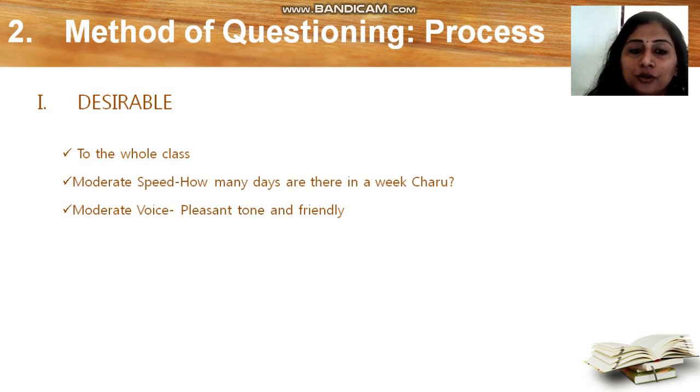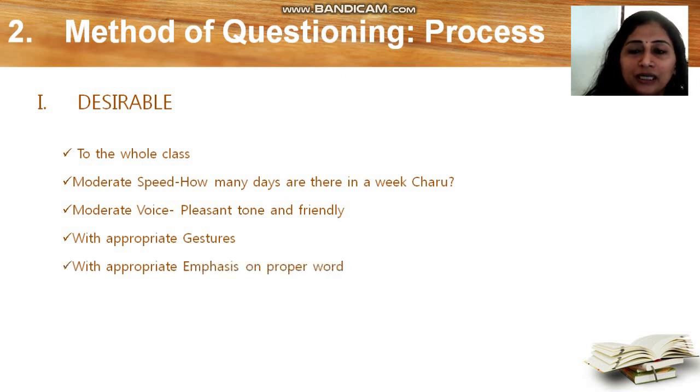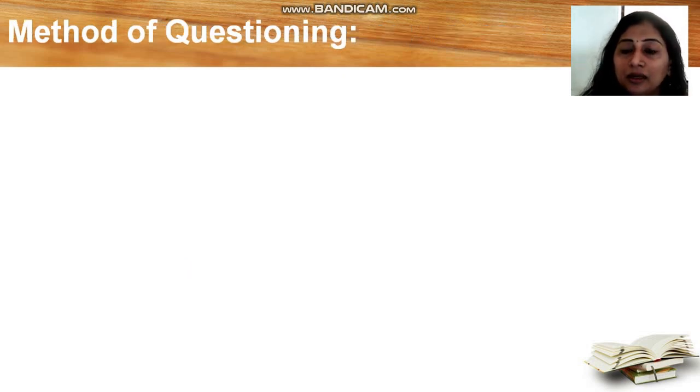So a pleasant tone and very friendly mannerism is how you should approach questioning. Gestures have to be very pleasant. If I have a very stiff face, no smile, very stiff gestures, it would not increase curiosity from the students' point of view. Apart from that, which appropriate area in the question you should emphasize is also to be understood.